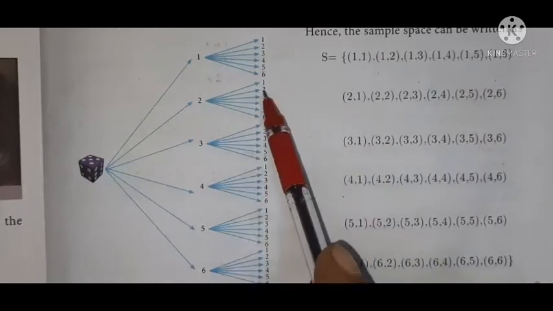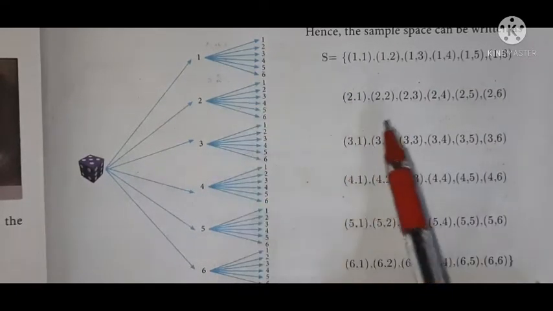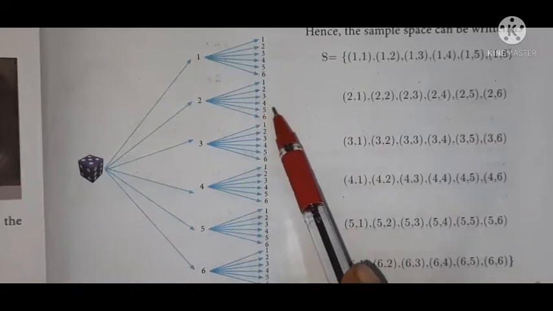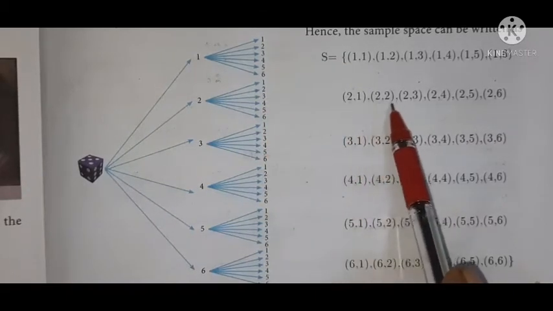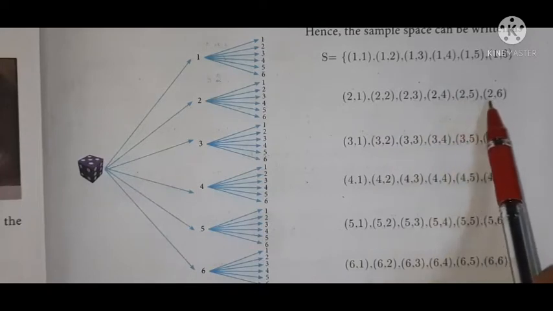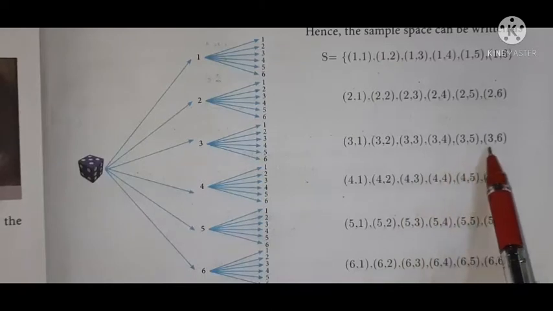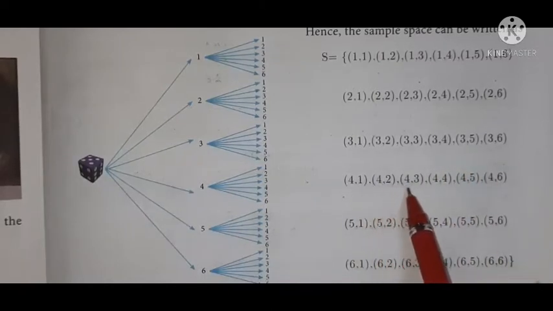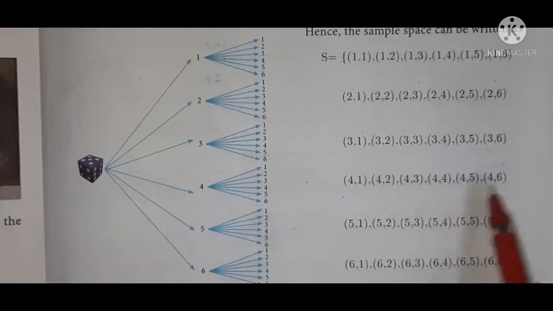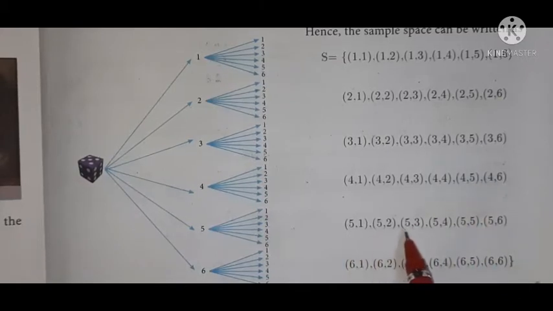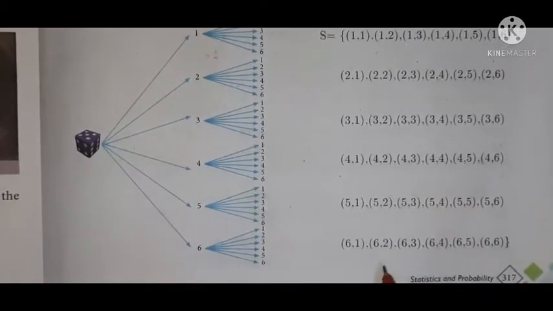Suppose 2 in the first die, the second is 1, 2, 3, 4, 5, 6: (2,1), (2,2), (2,3), (2,4), (2,5), (2,6). Likewise, (3,1) to (3,6); (4,1) to (4,6); (5,1) to (5,6); and (6,1), (6,2), (6,3), (6,4), (6,5) and (6,6). These are the sample space when two dice are rolled.